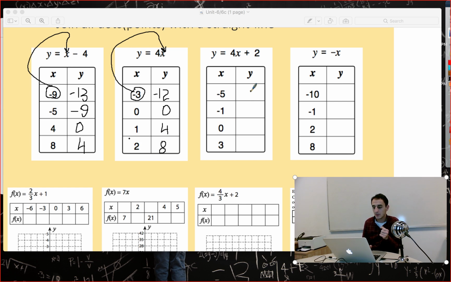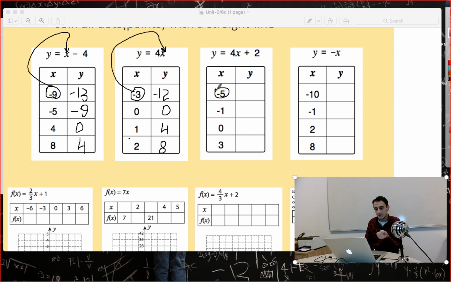So, in the third table, again we have inputs and we have a rule. Rule says that take the inputs, first multiply the input by 4, and then add 2. Okay? Again, we are going to take all inputs.